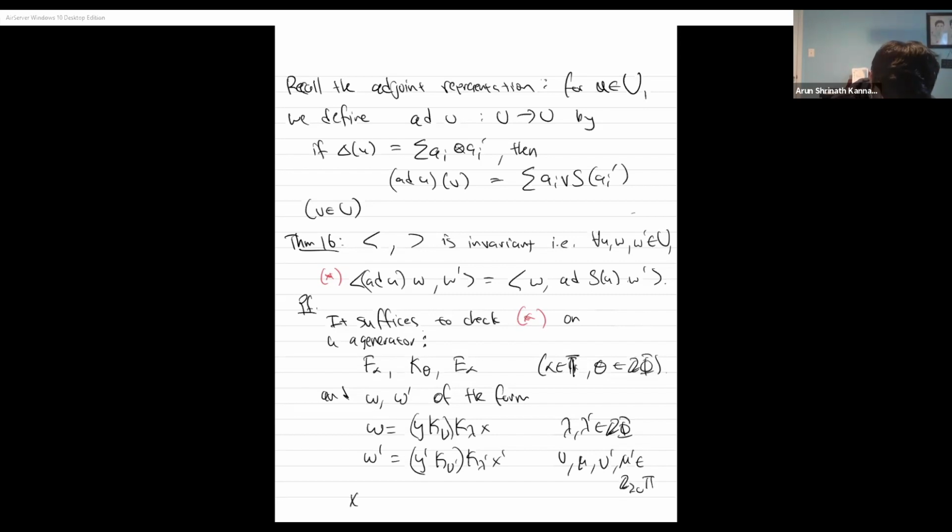And x is an element of u mu plus, x prime an element of u mu prime plus, just as above, y an element of u minus nu prime minus, and y prime.